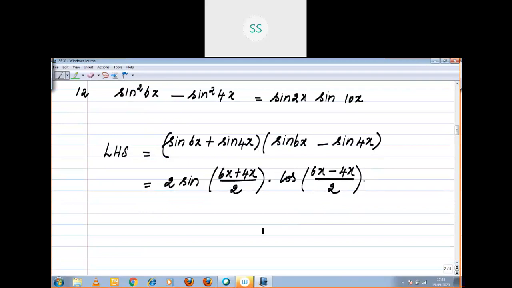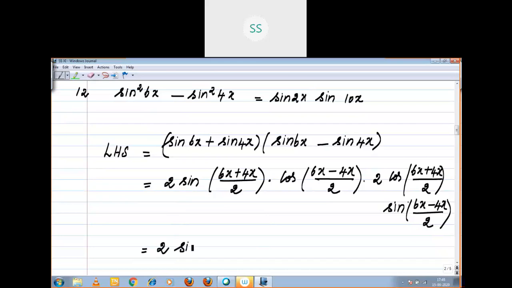Got it, children? And sin a minus sin b, what is it? 2 into cos (6x plus 4x)/2 into sin (6x minus 4x)/2. Got it?